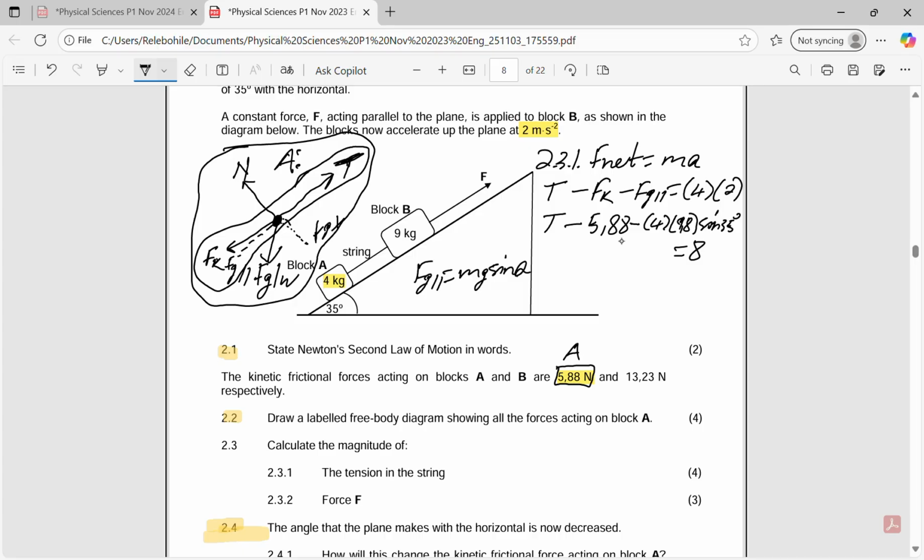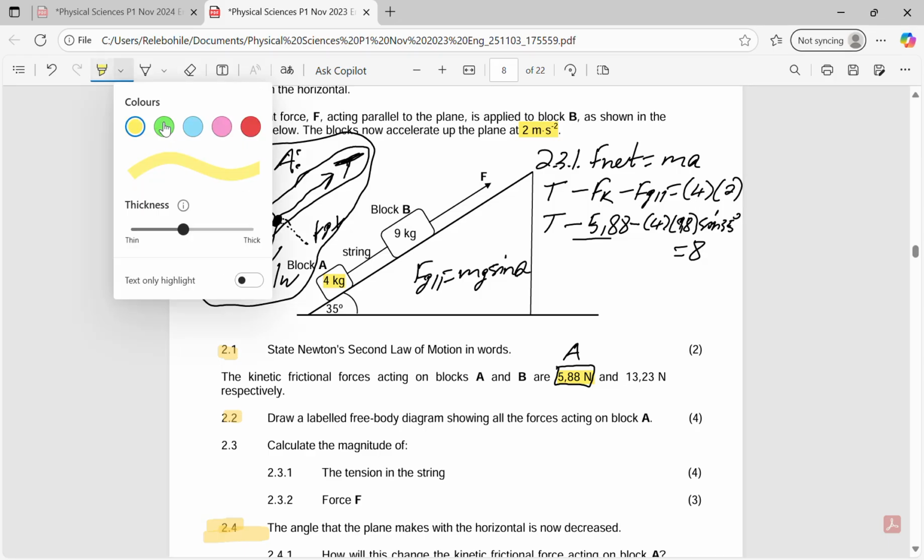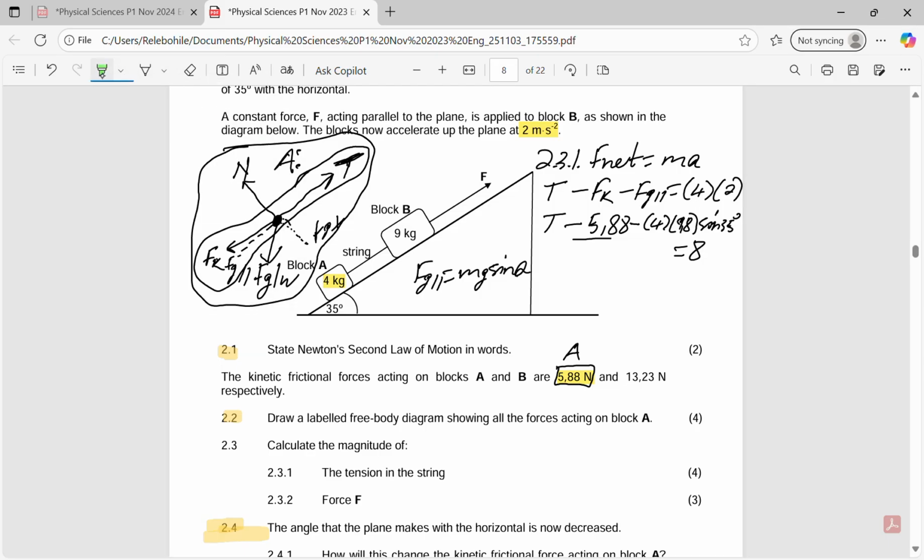Okay, then from there we solve for T, and that means I'm going to take all of this. Let me highlight it. Let's use green this time. So this means, guys, that I'm going to take all of this and put it on my calculator. You see all of the stuff that I've highlighted in green. So let's do that.